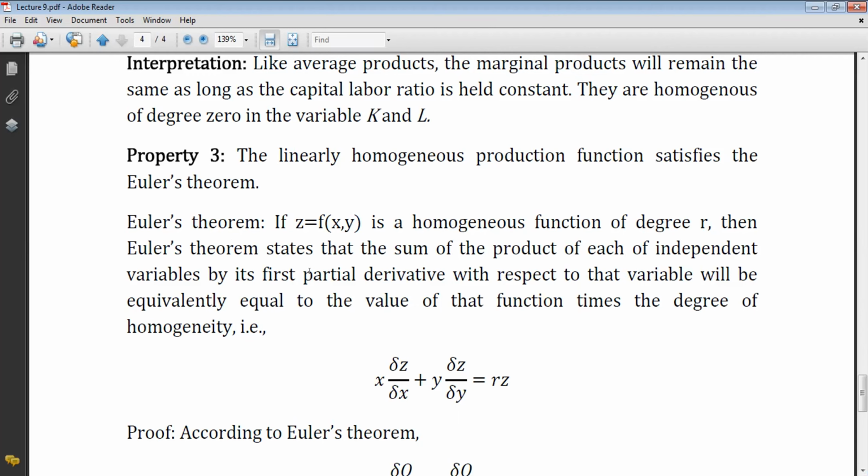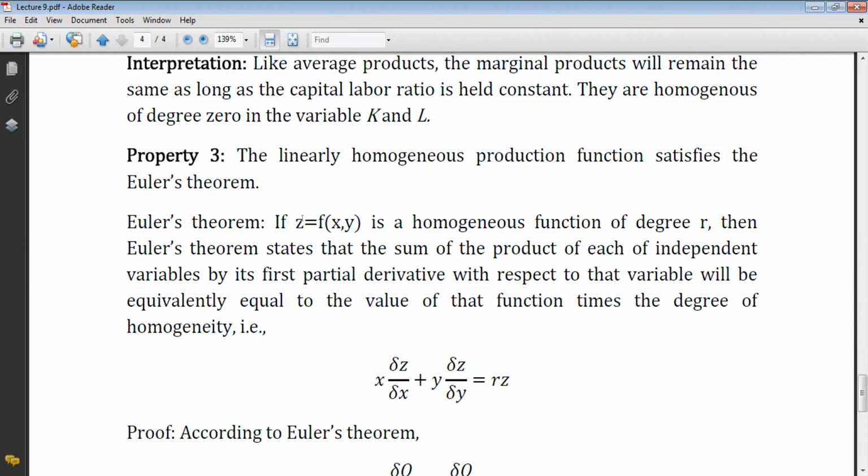Here the independent variables are x and y. So the product of each independent variable by its first derivative means x into del z by del x. The first derivative of z with respect to x is del z divided by del x.